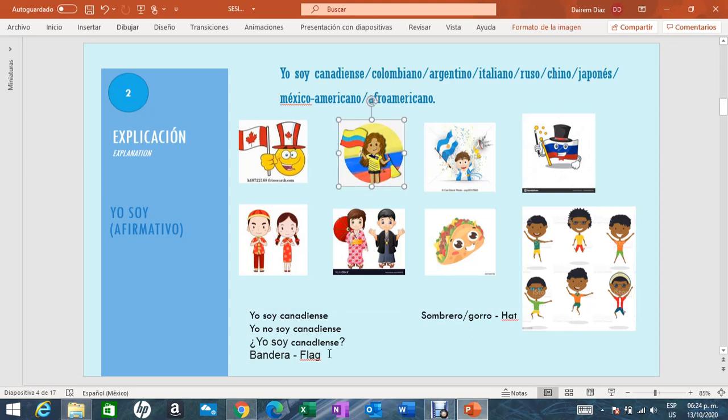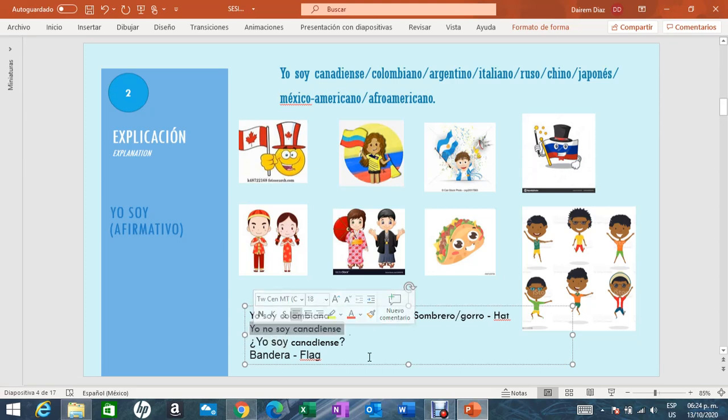Next one. We can see here a girl. So what do you think would be then the sentence here? Yo soy colombiano. Yeah, that is correct if you are a man. If you are a woman, then you have to say yo soy colombiana. What is the negative form?